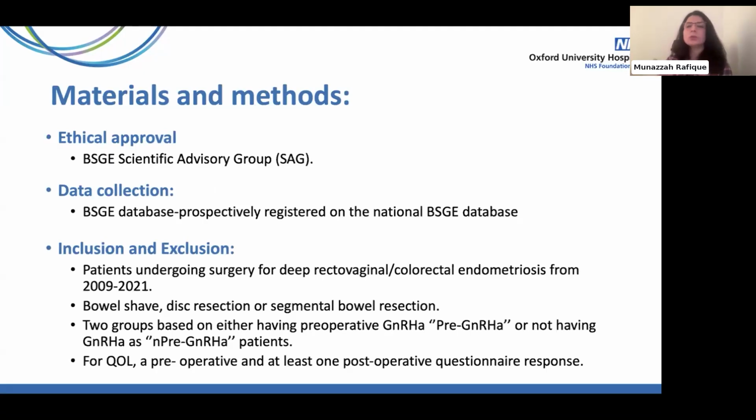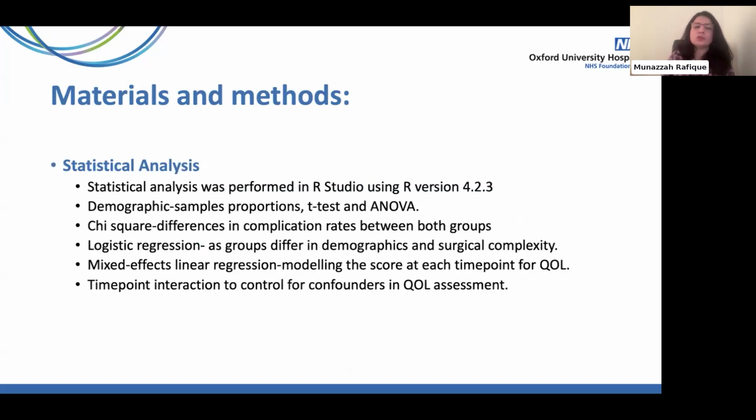For the purpose of the study, we divided the patients into two groups: the one, pre-GnRH-A, which received GnRH preoperatively, and the one who didn't receive it, labeled as no pre-GnRH in this study. For the quality of life, all the patients who had filled in preoperative and at least one postoperative questionnaire were included. We used different statistical tests just to make sure that we have produced results that are statistically very sound.